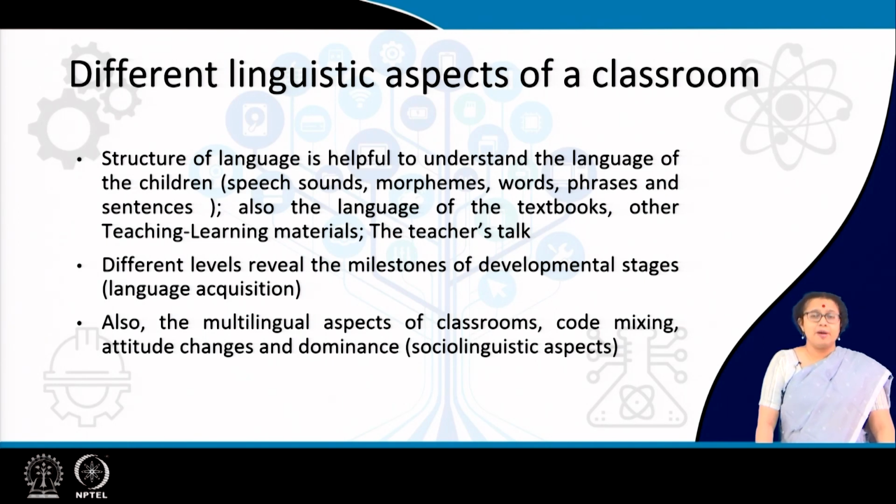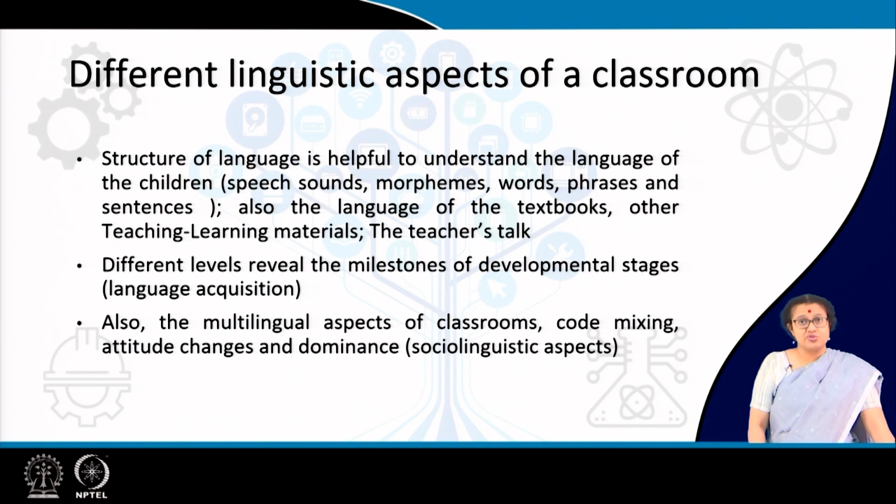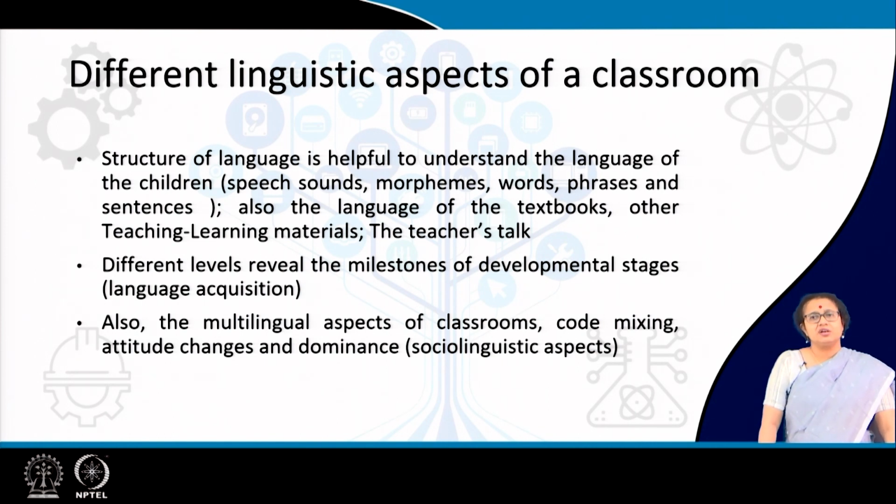And apart from the children's language use, we can also talk about the language of the textbooks in terms of the language structure and other teaching learning materials. We can consider teachers' talk as well. So, the first part talks about structural aspects of different components of a classroom.